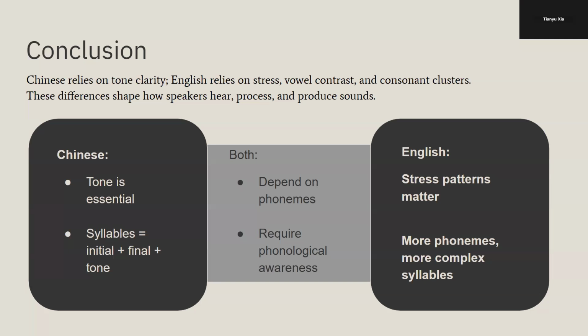As a conclusion, Chinese relies on tone clearly, English relies on stress, vowel contrast, and consonant clusters. These differences shape how speakers hear, process, and produce sounds. So in Chinese, tone is essential, and syllables are the combination of initial, final, and tone.